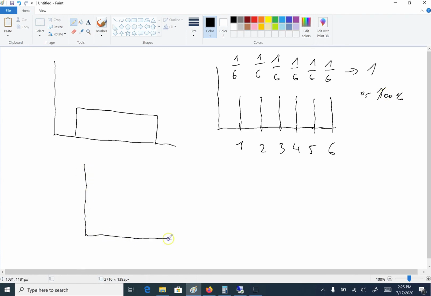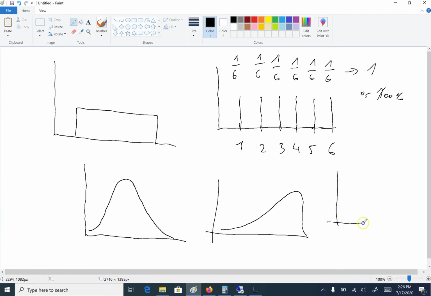Now, since nothing is perfect, some distributions are not going to be perfect Gaussian distributions. They're going to be skewed a little bit to the left or the right. So it's going to look like this, or something like this. And in the worst case, this is a bimodal distribution.